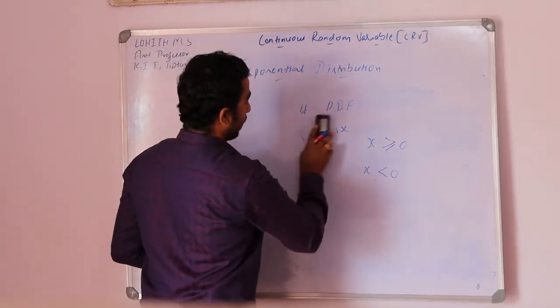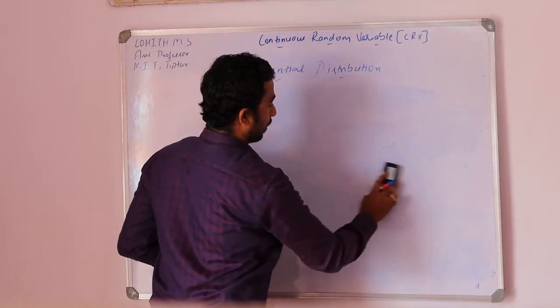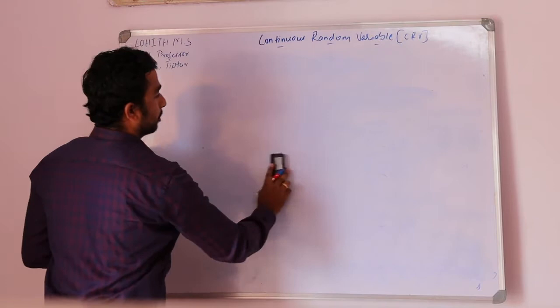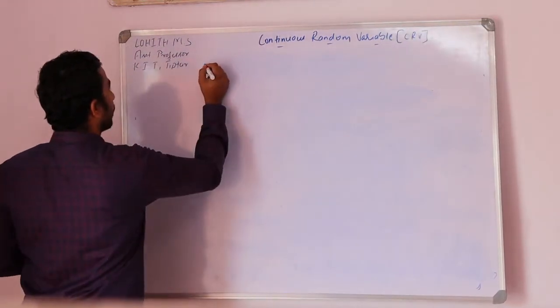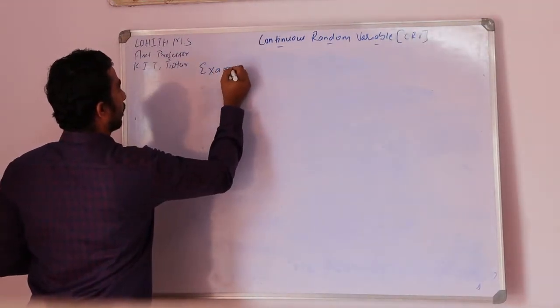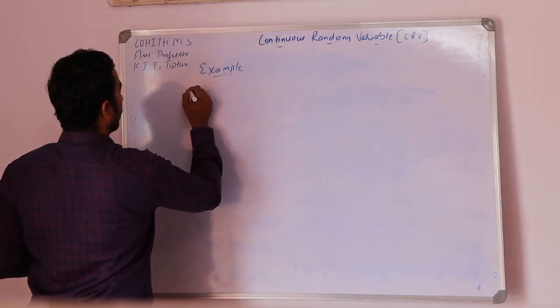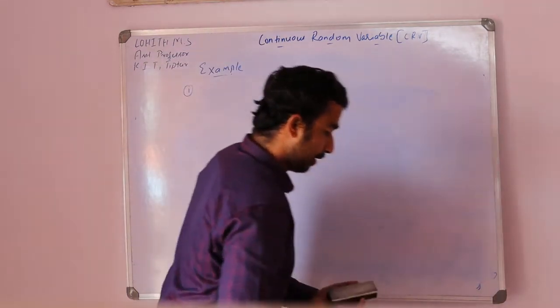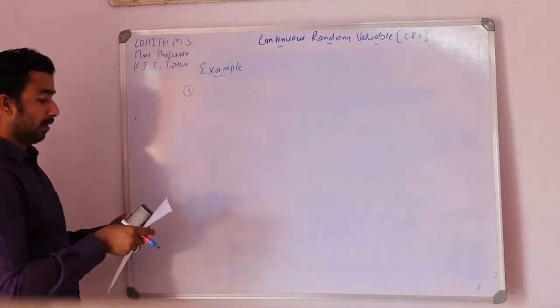We will solve an example now on a continuous random variable. The example is the phase of the sinusoidal carrier.